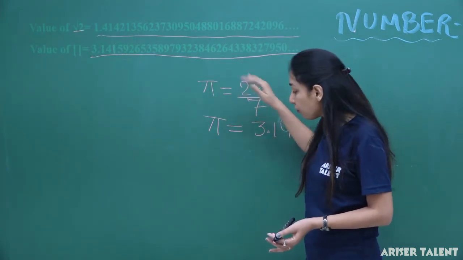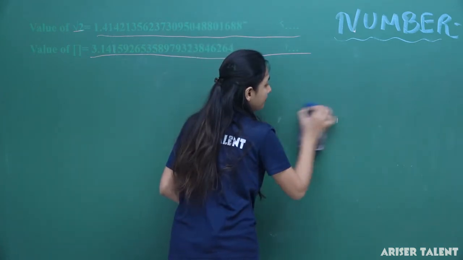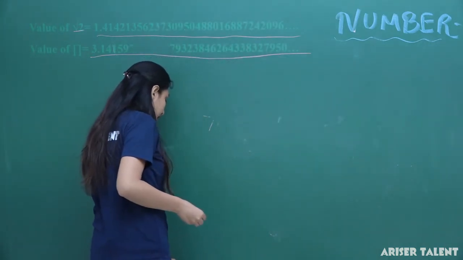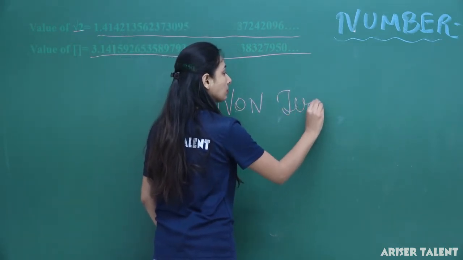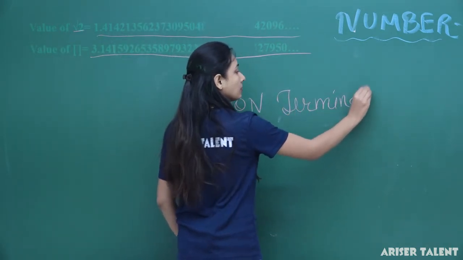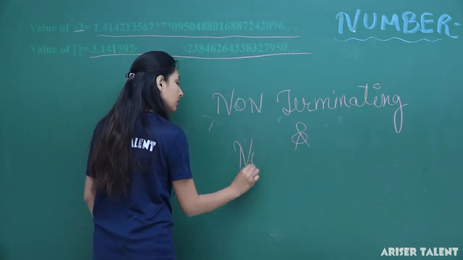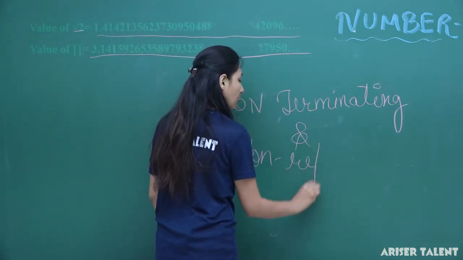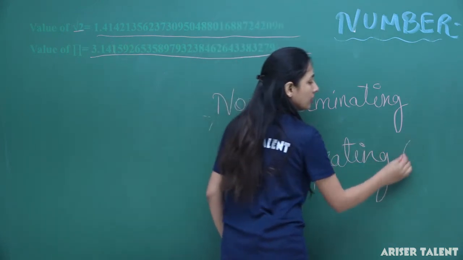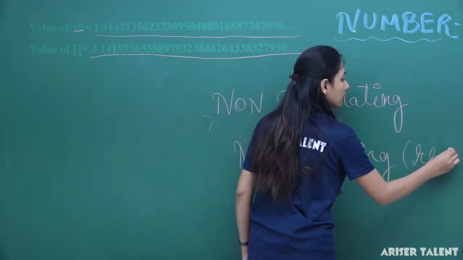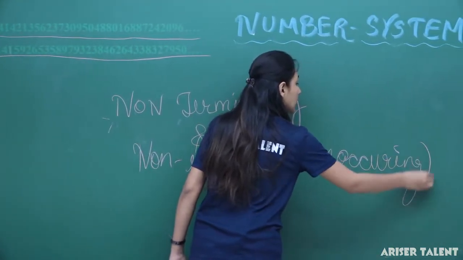So, these kind of values are the ones which we are waiting for, and that is non-terminating and non-repeating, and sometimes it is called non-recurring. That means the value does not reoccur.